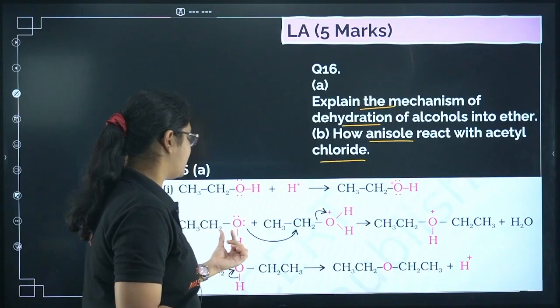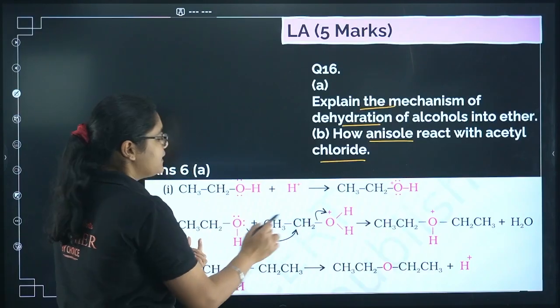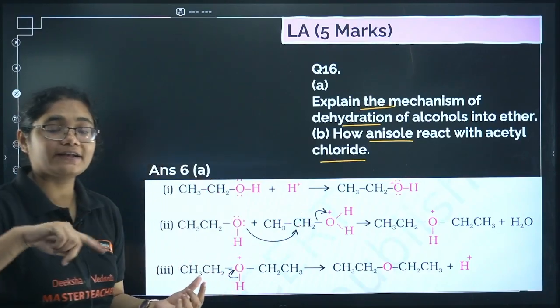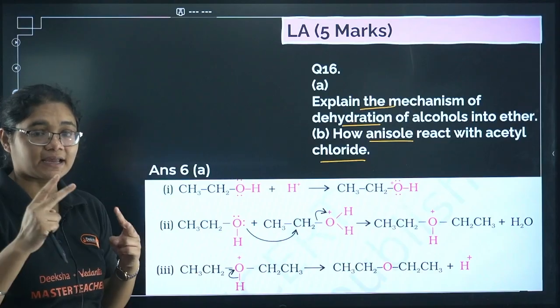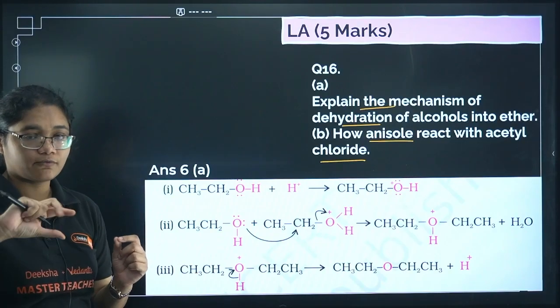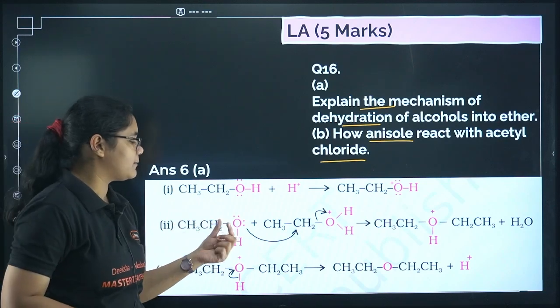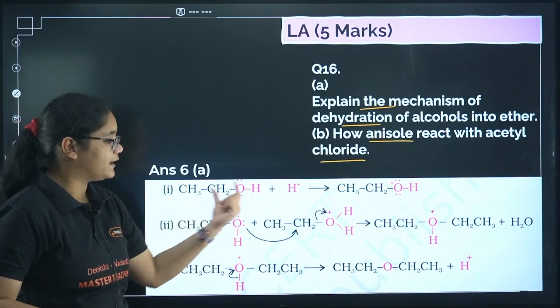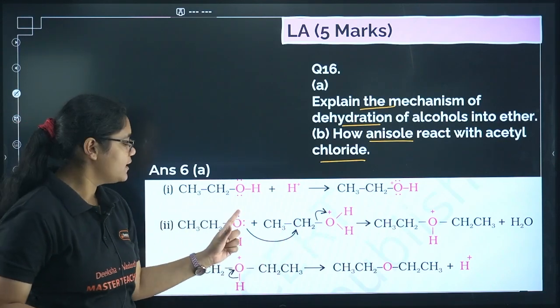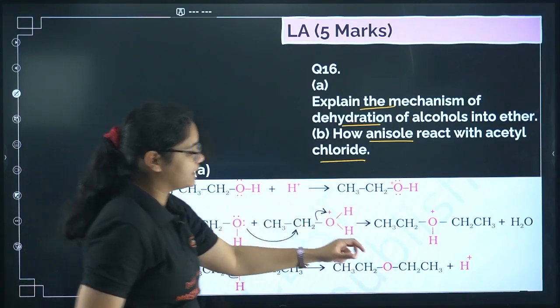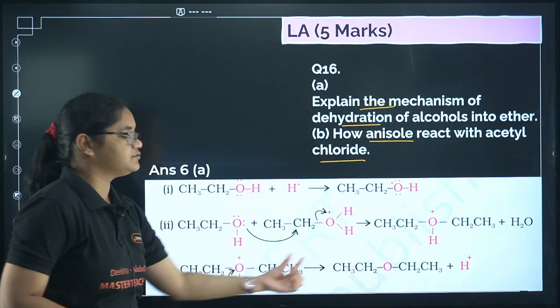In the dehydration of alcohols to alkenes, the second step was the water being removed and we were getting a carbocation. Here in the second step, another molecule of alcohol attacks this protonated alcohol, then one H plus goes away and finally there is deprotonation.